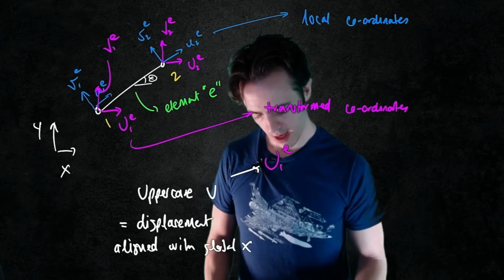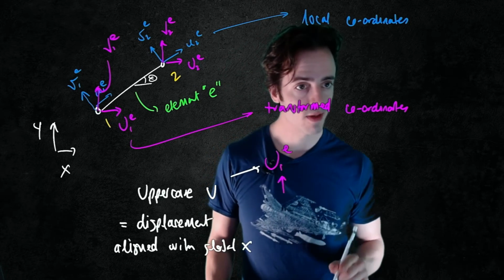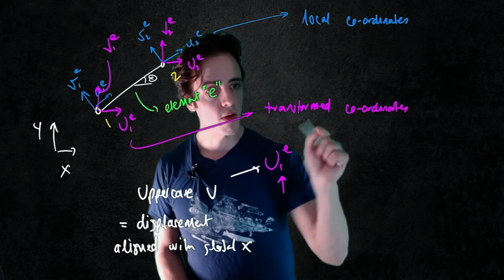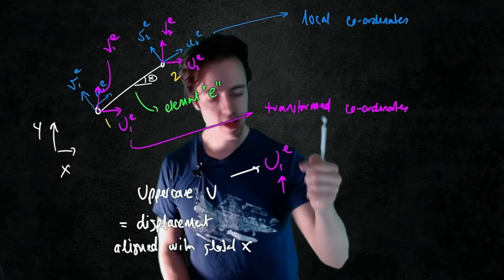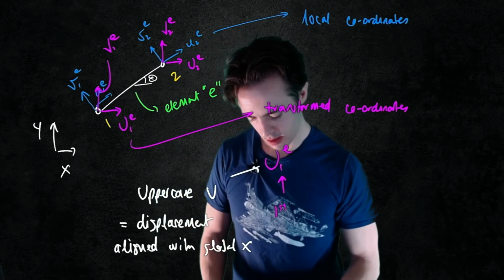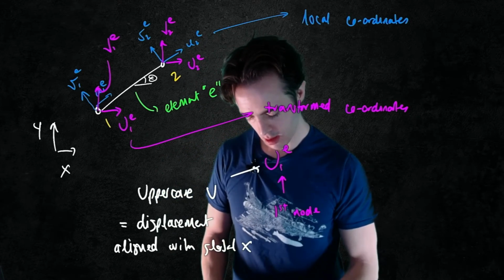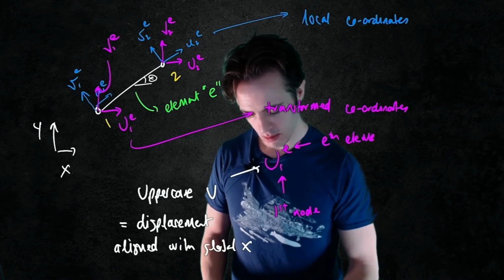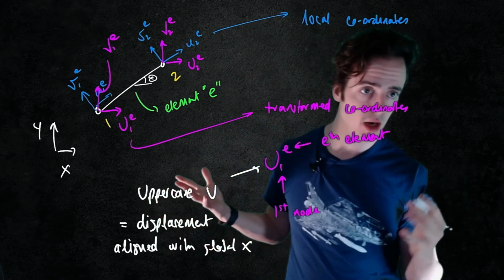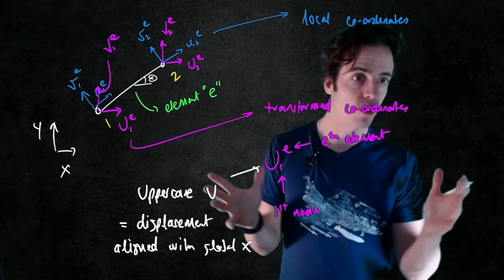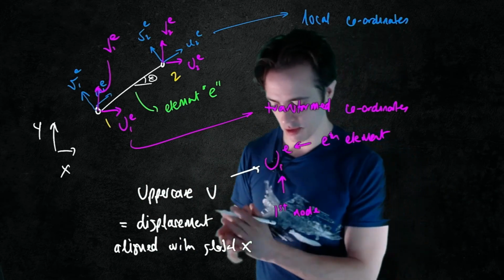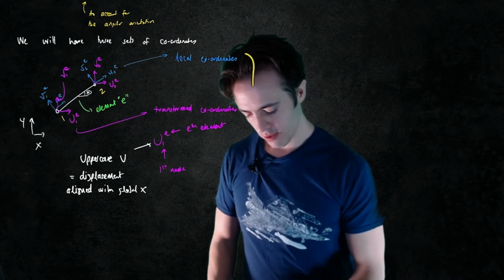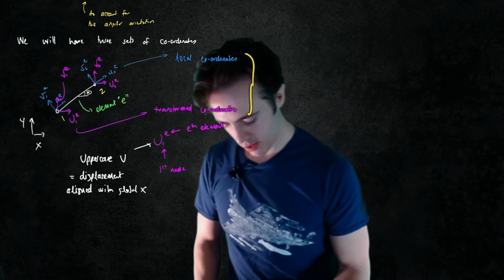Okay, the fact that it says node 1 down there, this just means the first node corresponding to the eth element. Okay, E could just be a number. It could be element 1, element 2, element 3, or so on. I just put E there for this general case. So we need a transformation that takes us from local to global coordinates.